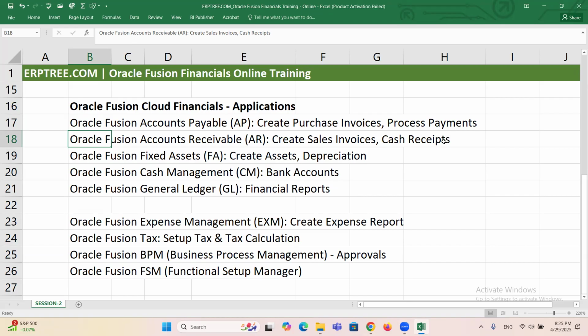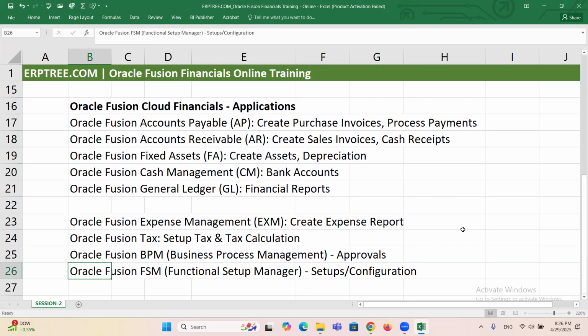We have to complete these for each and every application so that we can use them. To do the setups, or the configuration, we use Oracle Fusion FSM. By using Oracle Fusion FSM, you can do the setups. You can call it configuration also.